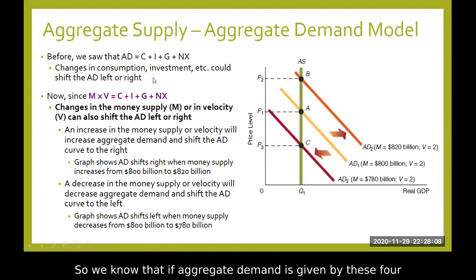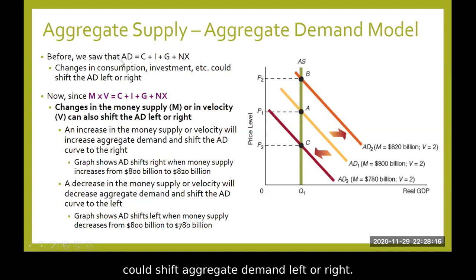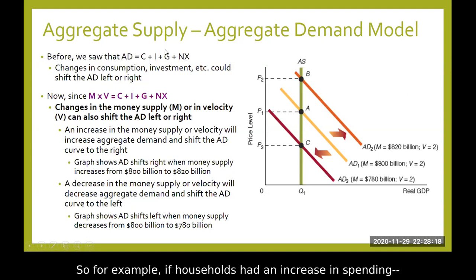So we know that if aggregate demand is given by these four components, then changes in any of these four components could shift aggregate demand left or right. For example, if households had an increase in spending, that would be an increase in consumption, which would shift aggregate demand to the right.